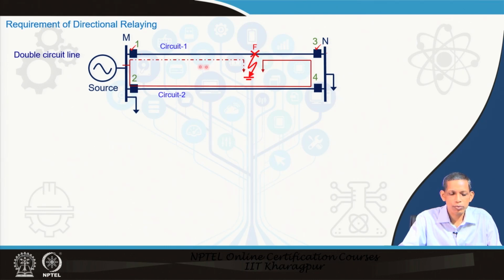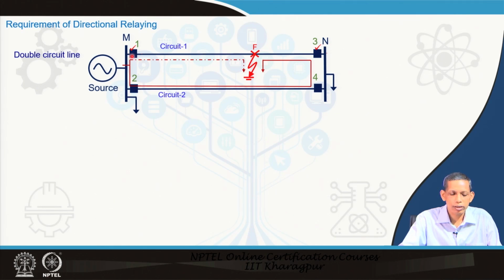From that perspective, breaker 1 and breaker 3 should be open for fault F in circuit 1. Now, see what happens under this condition. For a fault at F, current flows from this source like this, and another path of current is from here to here. Because this is a fault condition, the current magnitude will be significantly high.